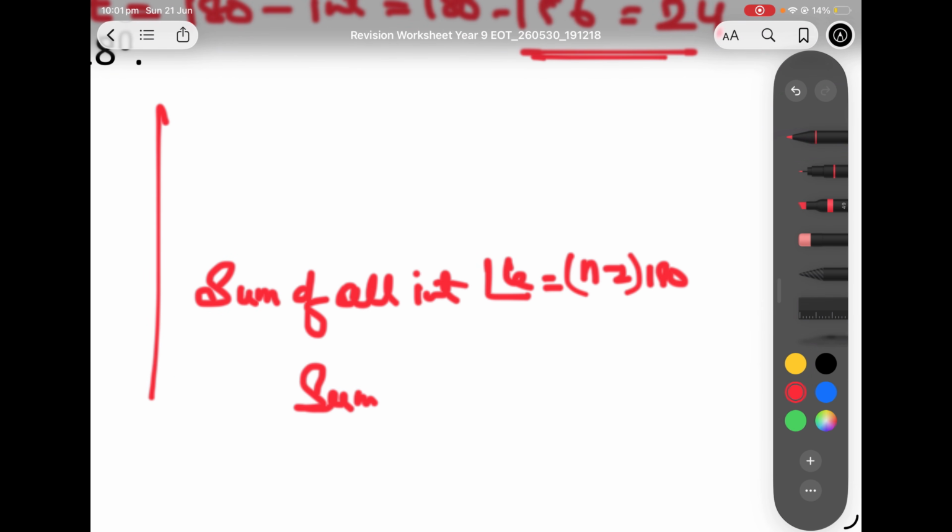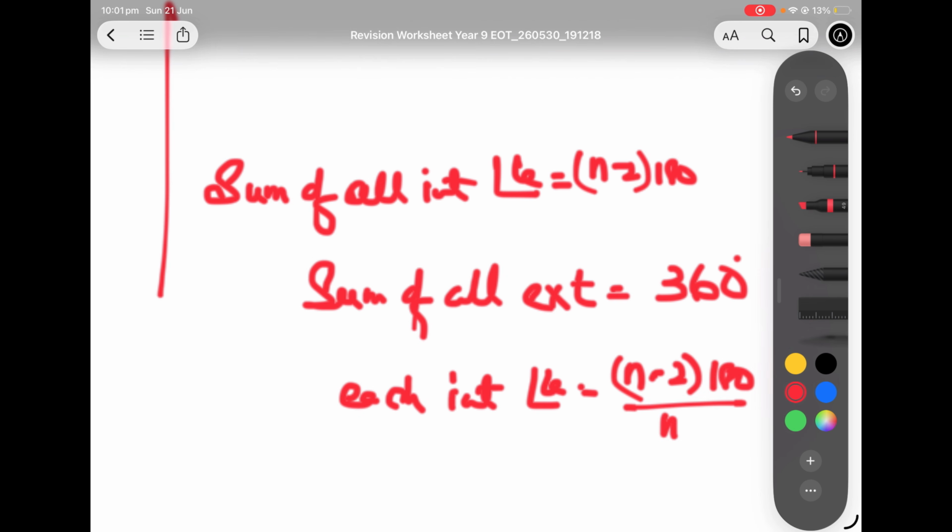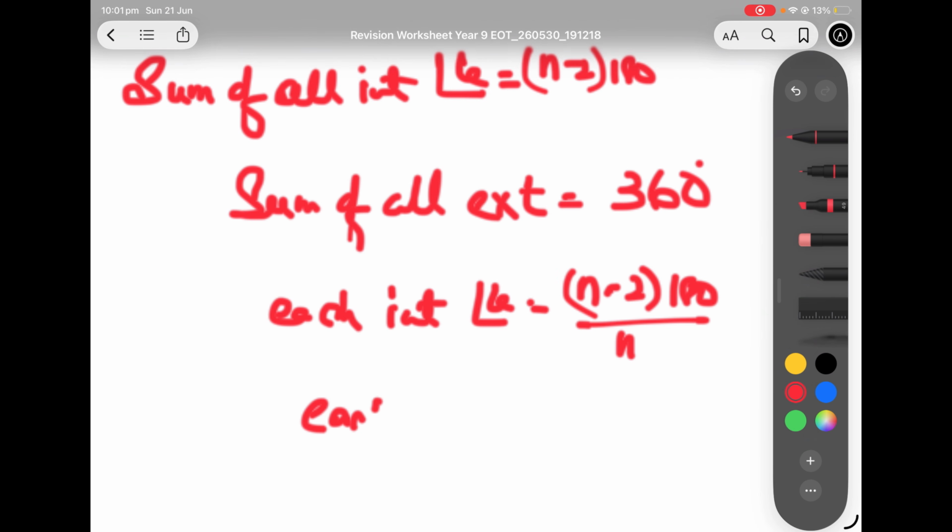Sum of all exterior angles in any shape, the answer is 360 degrees. Each interior angle, if I have to find, then it is (n minus 2) times 180 by n. If I have to find each exterior angle, then it is going to be 360 divided by n.